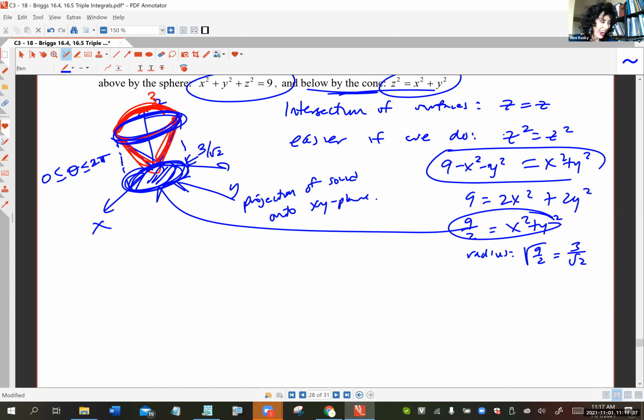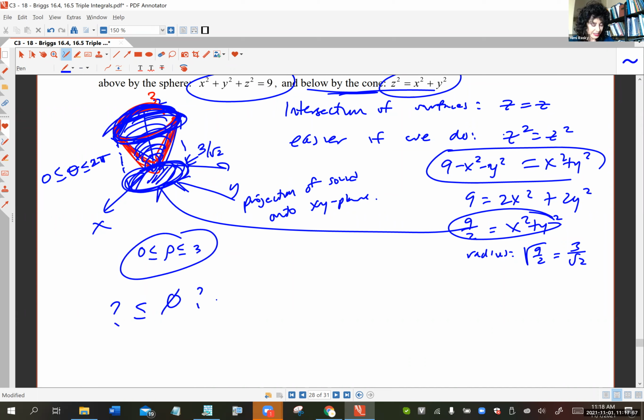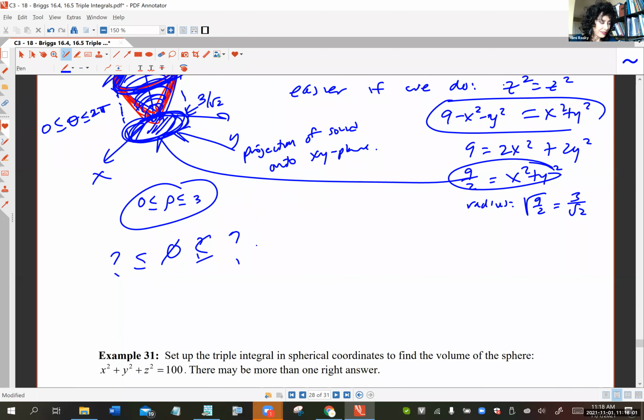Now I claim that rho is going between 0 and 3, because the biggest it gets here is this 3 and it kind of blooms out. But the question is, what is phi doing? And this one's not easy.